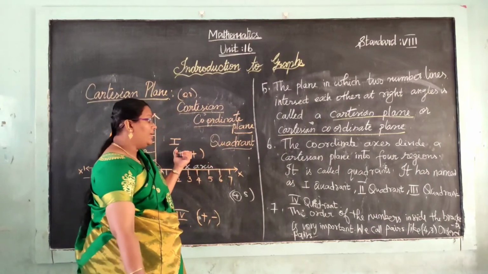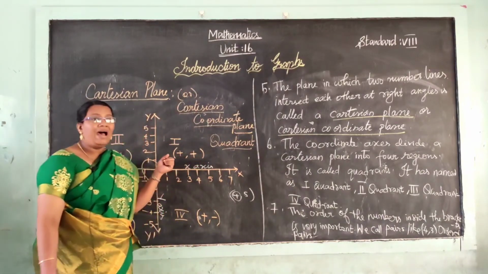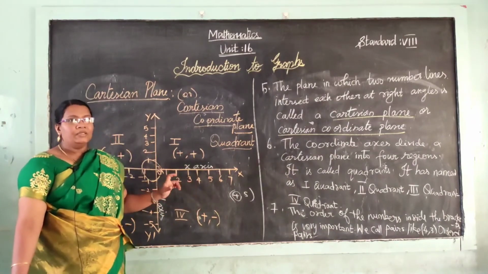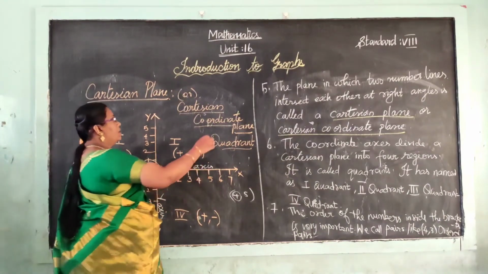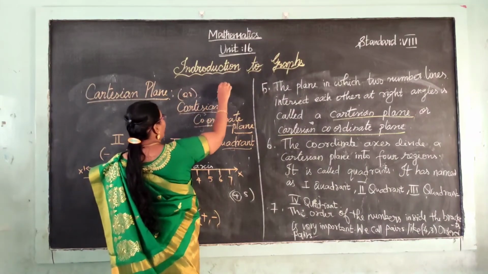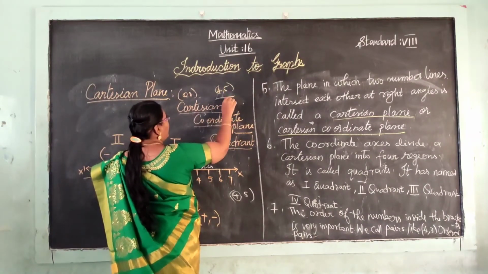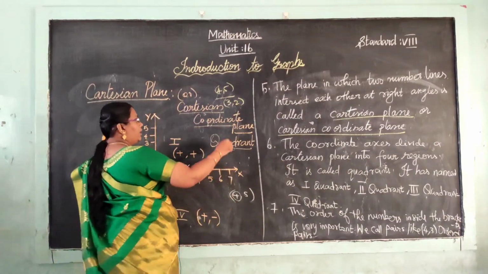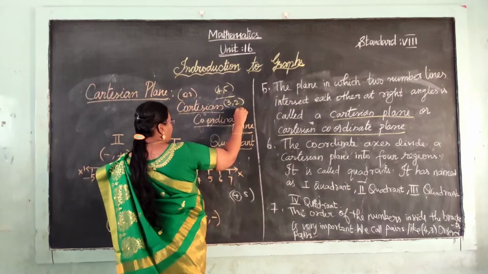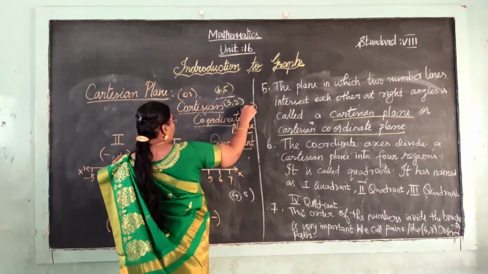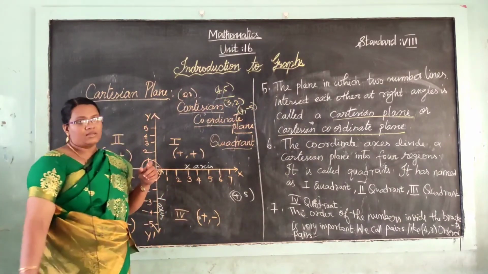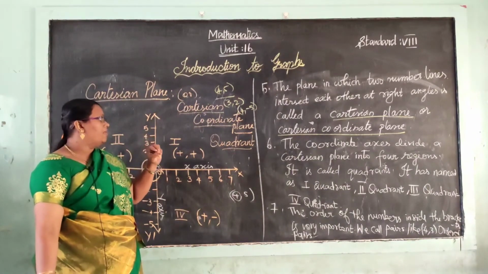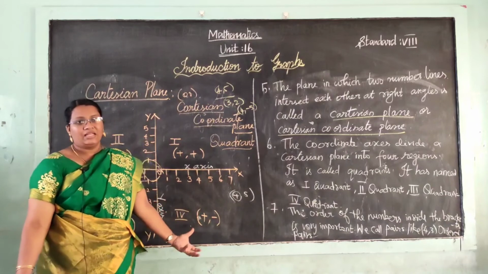We call that pair an ordered pair. Example: (4, 5) is one ordered pair, (3, 2) is another, and (4, -5). These are ordered pairs. Any ordered pair you have to represent within a bracket.